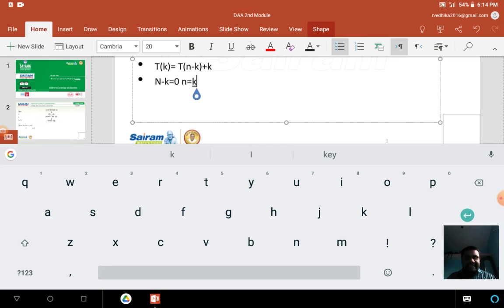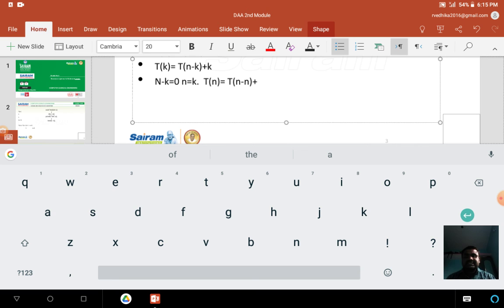Then wherever k appears, I'll put n. So T of n is equal to T of n minus n plus n, because instead of k I put n.